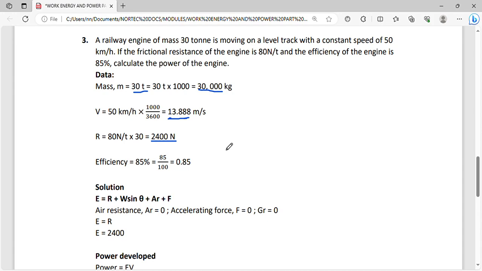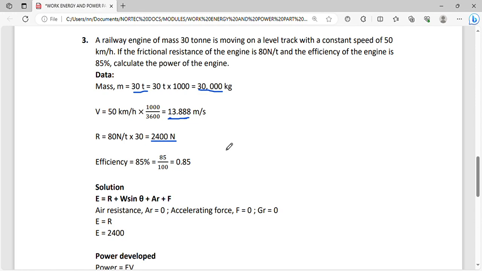Now, this is a very funny question. If you look at the resistances provided, it's a level track. That's why they have not given us the slope. And if it's a level track, it means that issue of gradient is out. Air resistance is silent. So for the resistances, we're just fighting the friction between the wheels and the road.